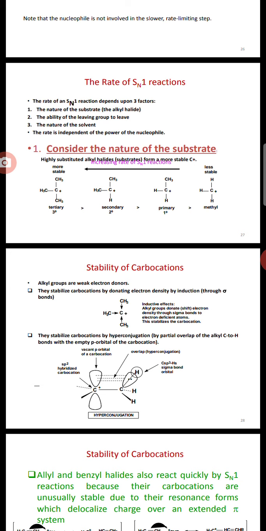Stability of the carbocations. Dear student, you know the tertiary carbocation is more stable than the secondary and primary ones. So the SN1 mechanism is mostly favored by tertiary alkyl halides and SN2 by primary alkyl halides.